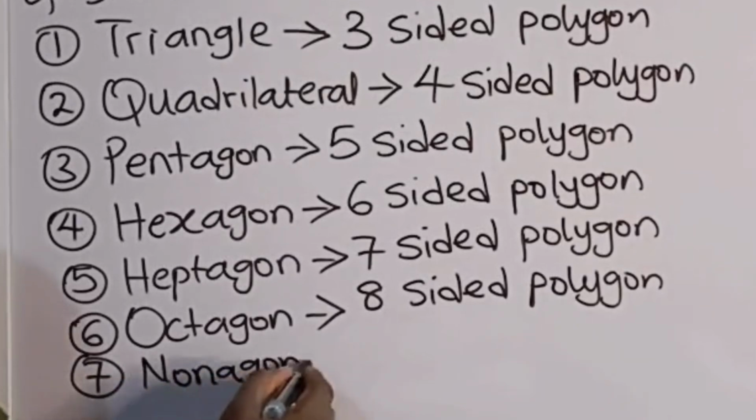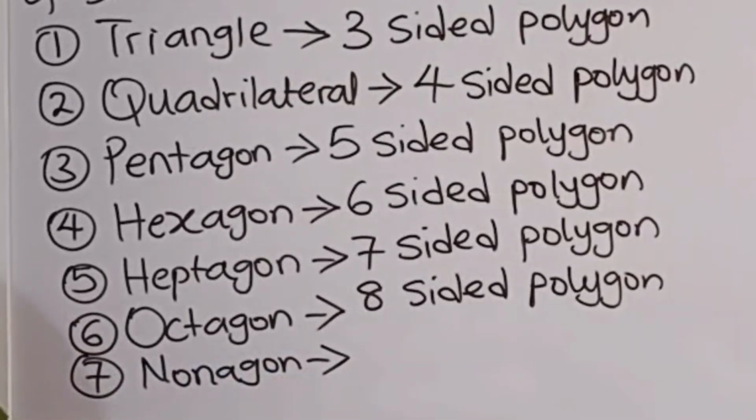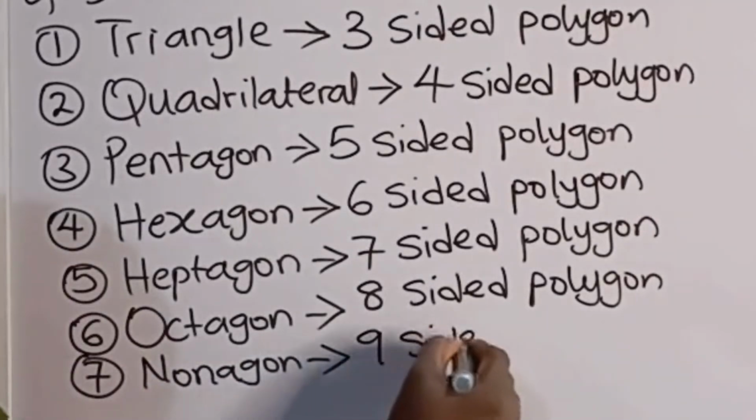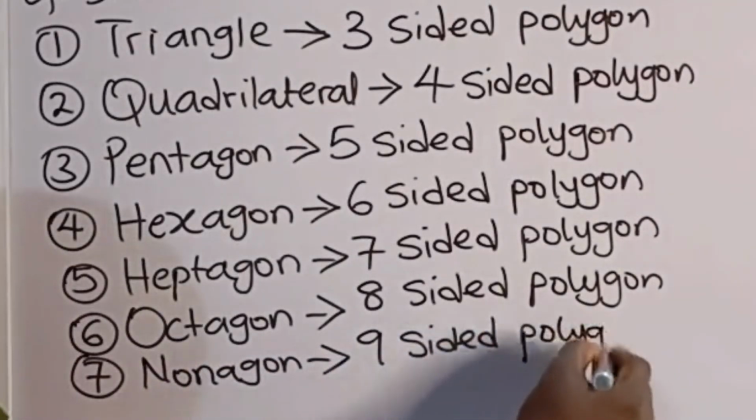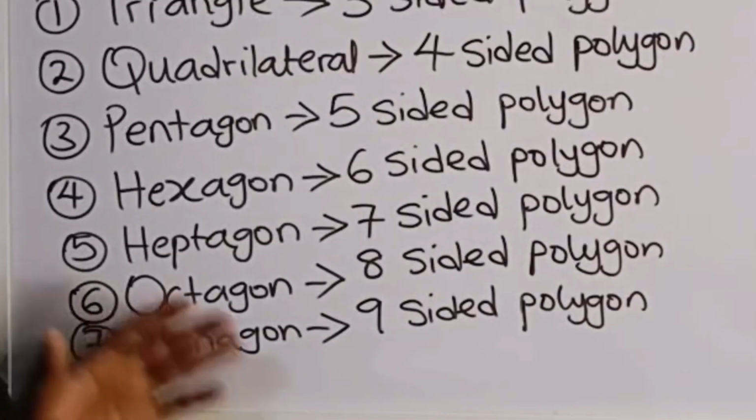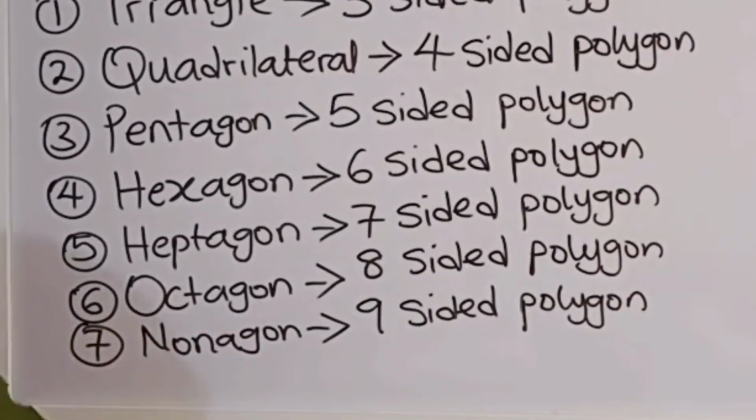Nonagon. A nonagon is a polygon with 9 sides. And though there are still more polygons bigger than these, we'll stop at the 10-sided polygon, which is called a decagon.